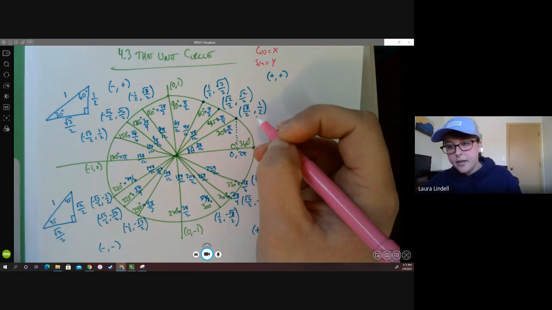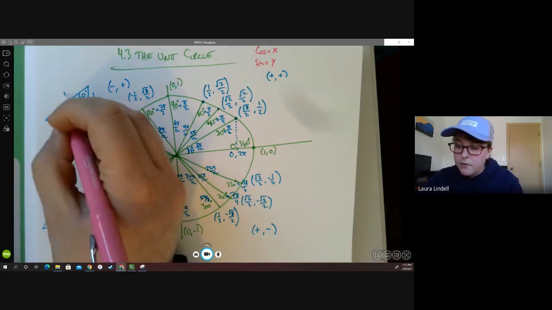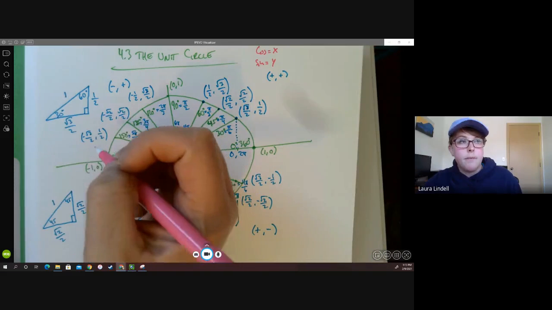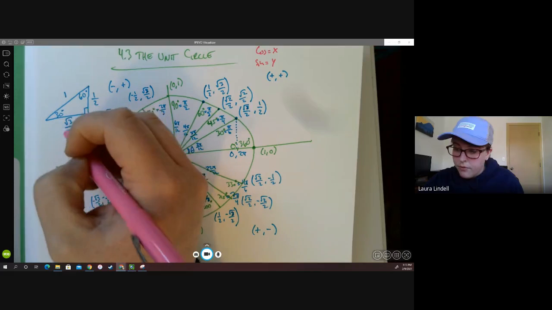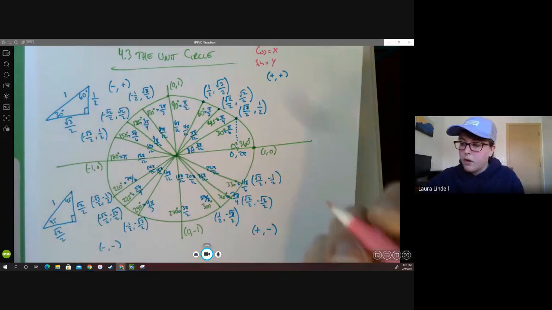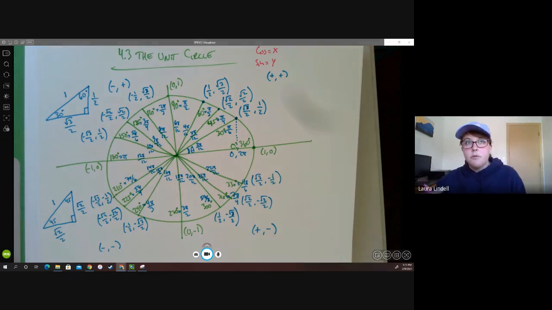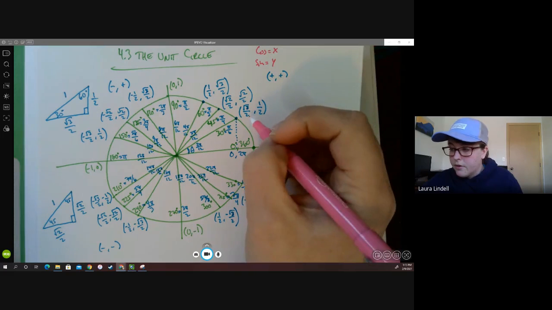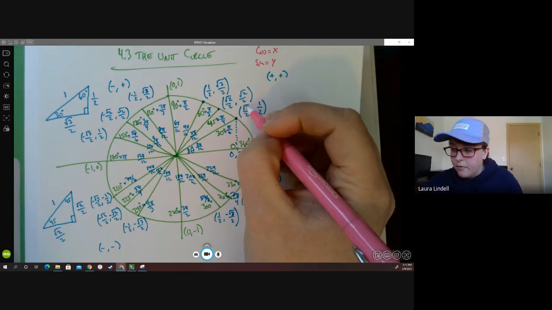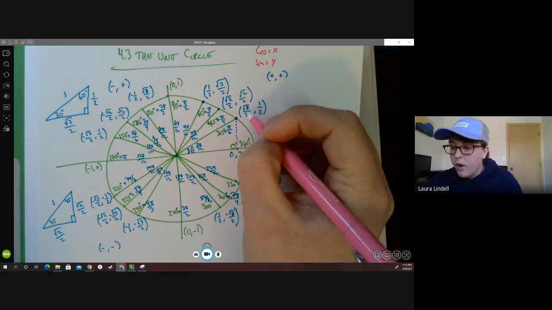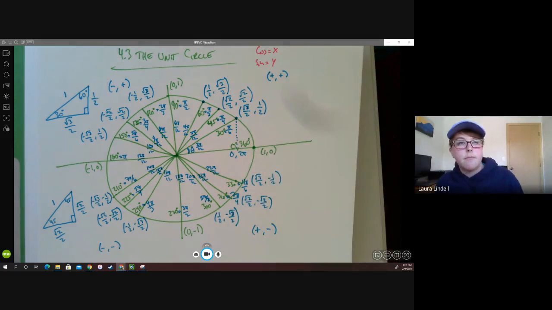Then cosine is adjacent over hypotenuse, which is the x value over the hypotenuse of 1. So it would just be root 3 over 2 for cosine, which also corresponds with our x value. So if I ask you for cosine of 30 degrees, you look at your unit circle and you get root 3 over 2, because that's the x value on the 30 degrees.